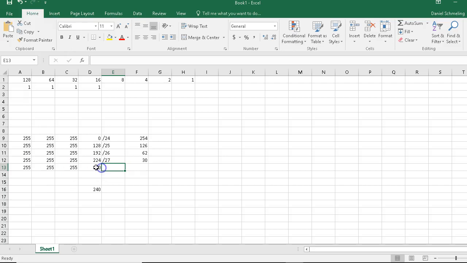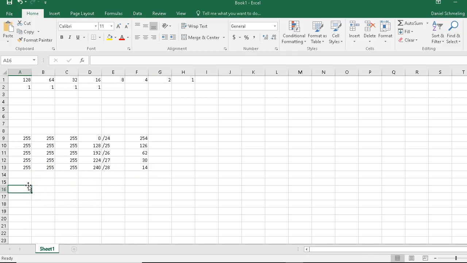I see the typo, so I want to get that. Okay, so now what we're going to do is subtract 240 from 254, and we get 14, right? So now we can give out 14 IP addresses with each one of these subnets.